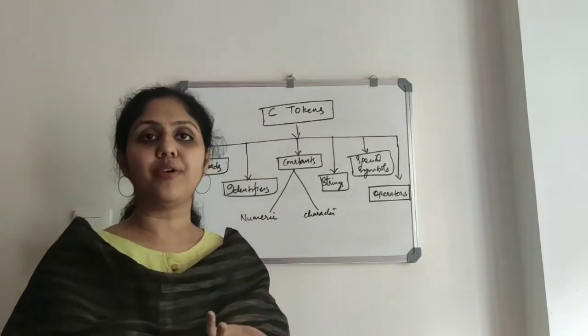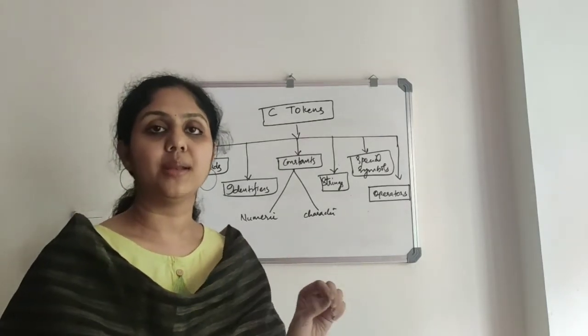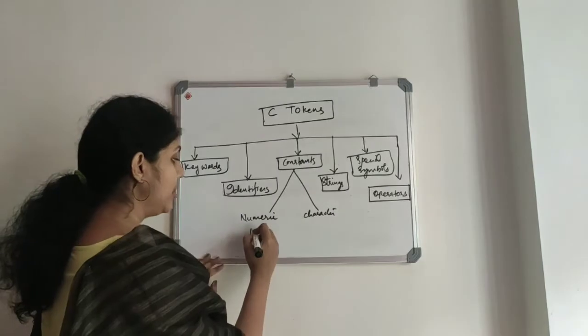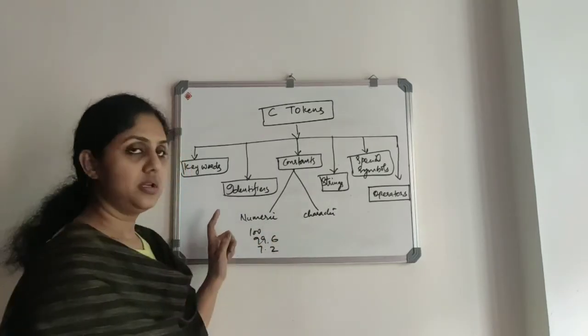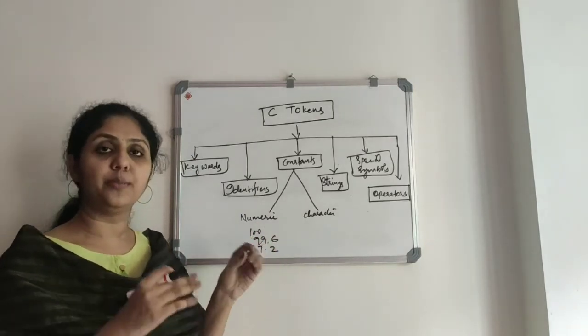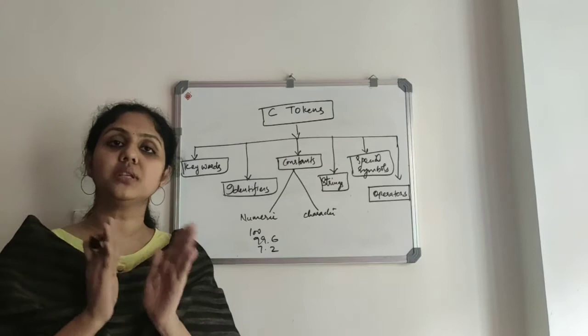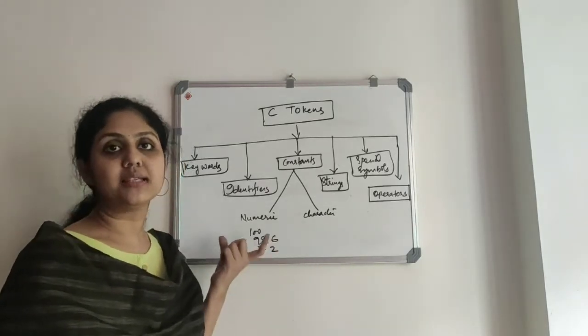Suppose I am printing values like 5, 10, 100.5, 99.6. All these are called numeric constants. These are numbers. If I print 100, the value is 100 itself. I cannot change the value of 100, so we call it a constant.